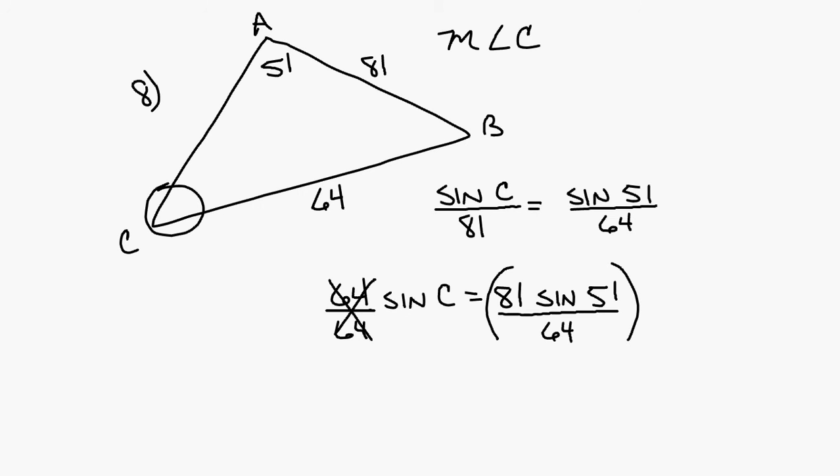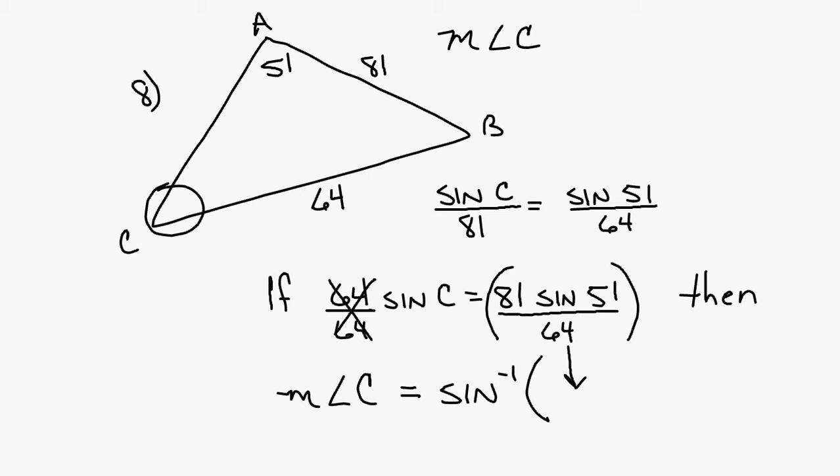Now, we did this last week. If the sine of angle C equals this value, then the measure of angle C is equal to sine inverse of that same value. So you can type this into your calculator and push second sine, and it's going to give you that angle measure.